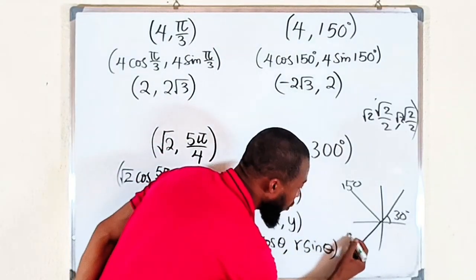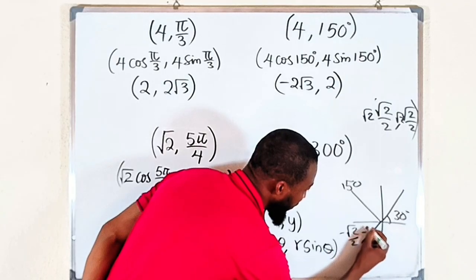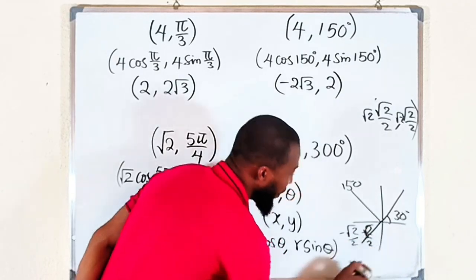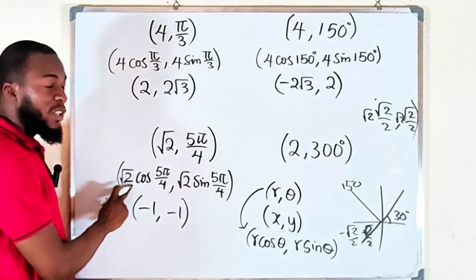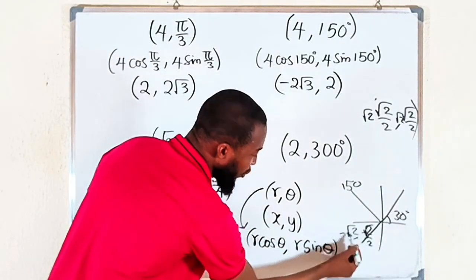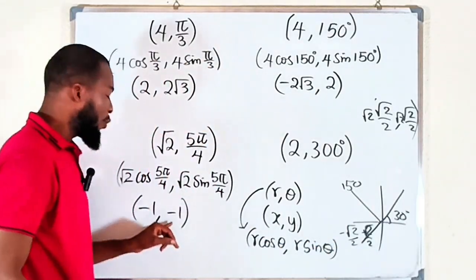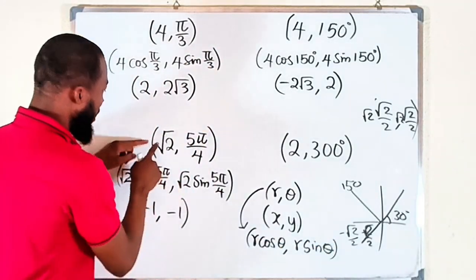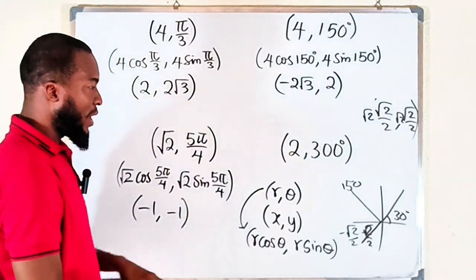But if you are in this quadrant, there will be negative root 2 over 2 each. Right? That is for cosine and sine. But remember, you have to multiply by r, and r is root 2. So if you multiply this by root 2, it will be negative 1. You multiply the other coordinate by root 2, it will be negative 1. So you can see that this is your polar coordinate, while this is the rectangular coordinate.